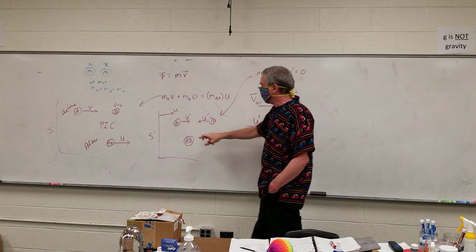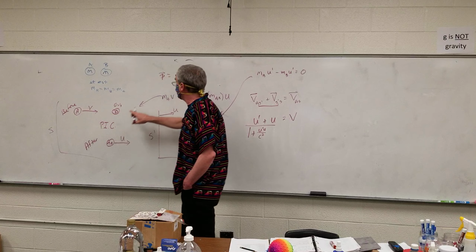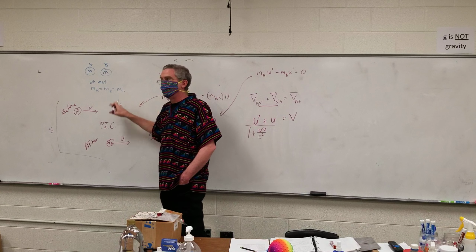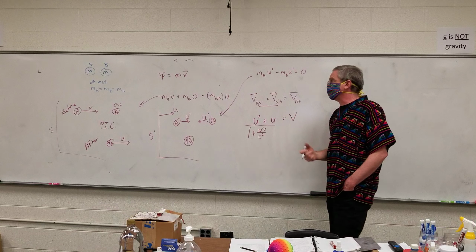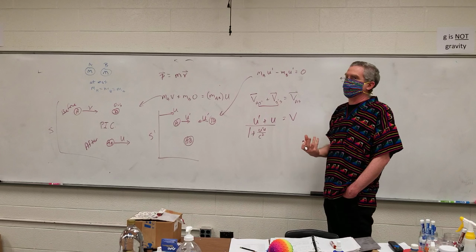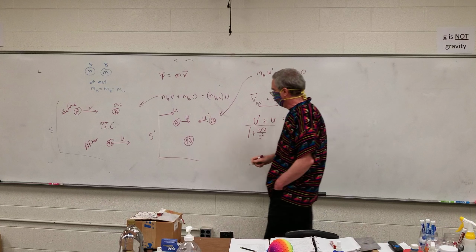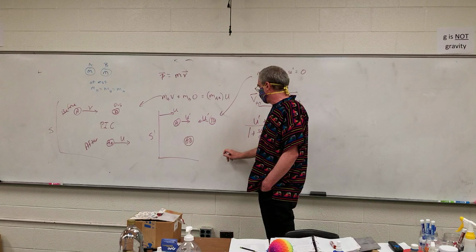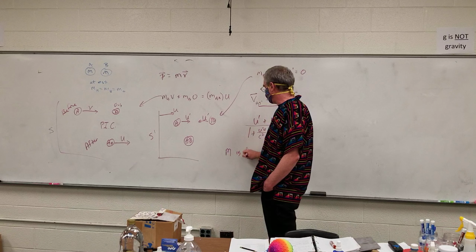In other words, the mass of A here is not the same as the mass of A here, which is not the same as the mass of A here. Because of the funky stuff going on with the velocities, something else has to be funky in order to get it to balance again. And so it turns out that mass is dependent upon speed.